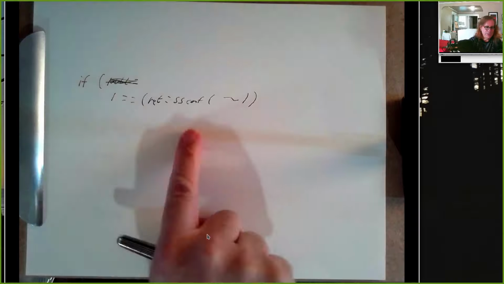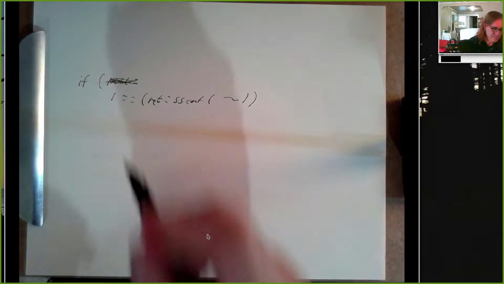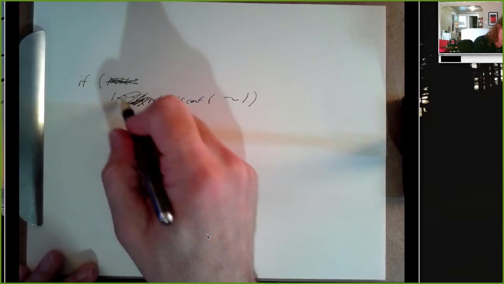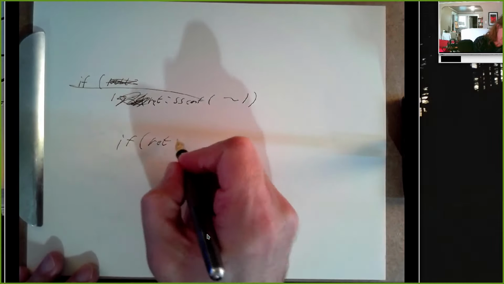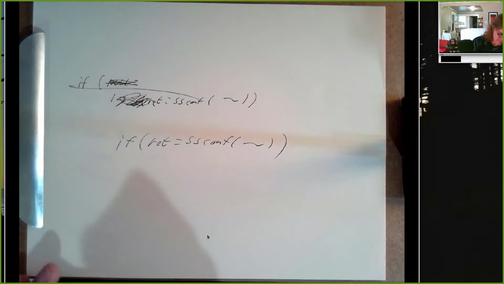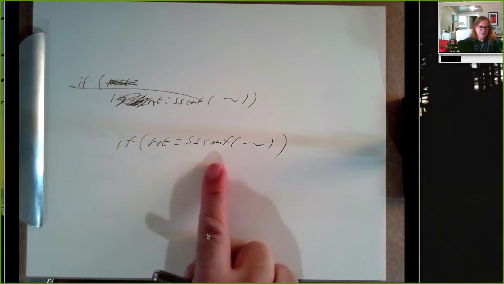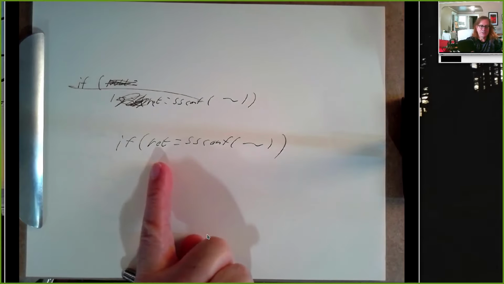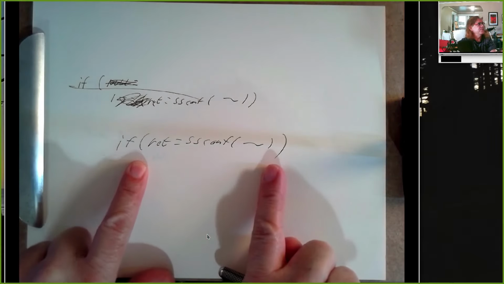Right, I mean, you could do something like this. Right? So this says go ahead and execute this function, take the return value and save it in this variable, and then if that was non-zero, go ahead and do something.